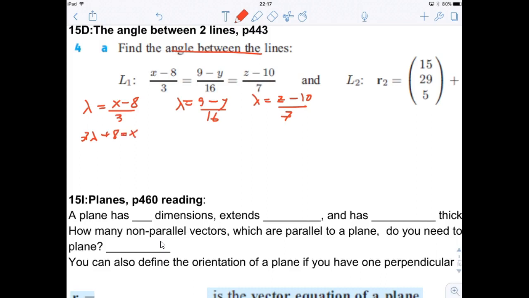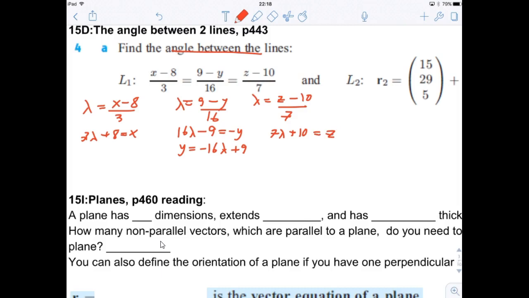And we could have 16 lambda minus 9 equals negative y. And we could make everything the right sign by saying y equals negative 16 lambda plus 9, and we could say that 7 lambda plus 10 is equal to z.